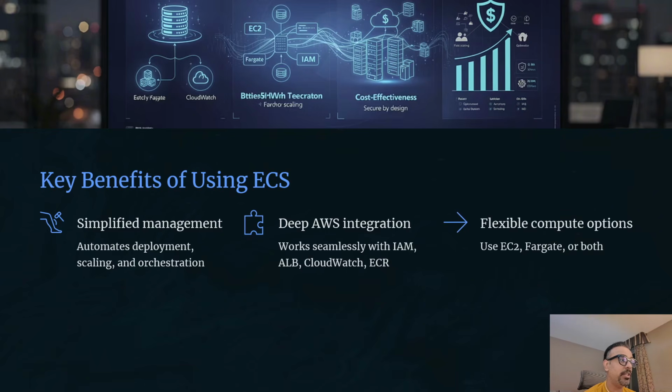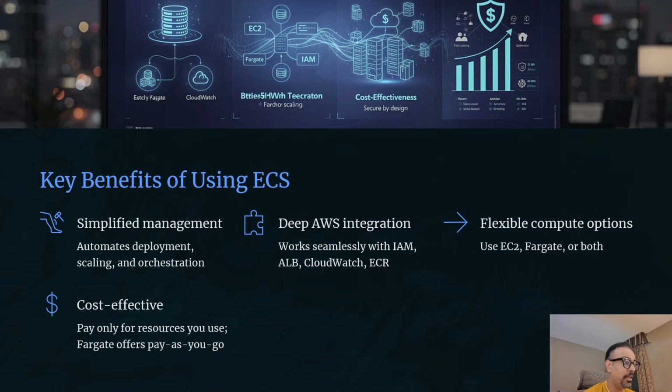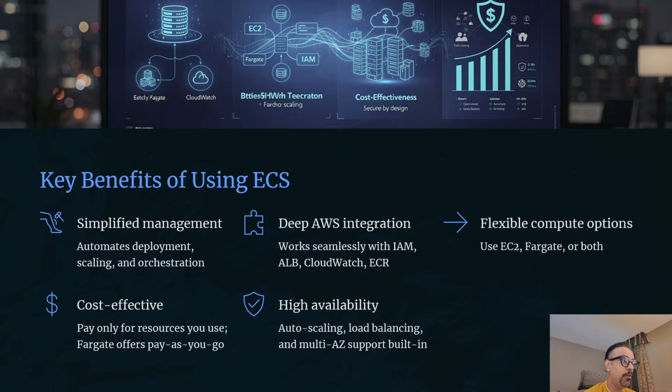Third, flexibility. You are not locked into one launch type. Start with Fargate for simplicity, switch to EC2 for control, or you can use both of them based on your requirement. Fourth, cost effectiveness, especially with Fargate. You pay only for what you use, no paying for idle EC2 instances. Fifth, high availability is built in.